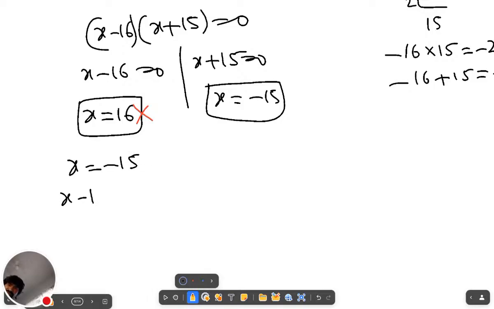Now x minus 1, the second negative integer, is minus 15 minus 1, which is equal to minus 16.